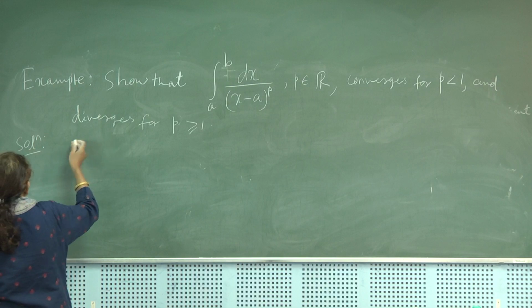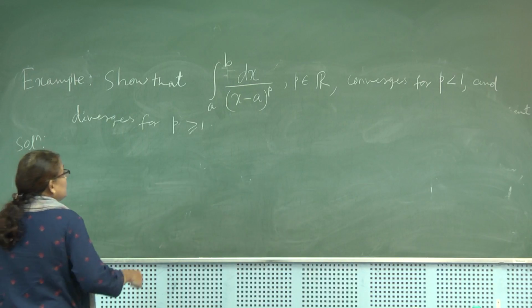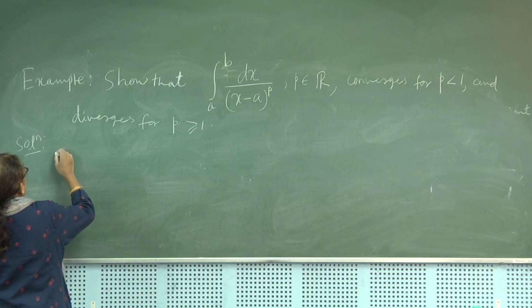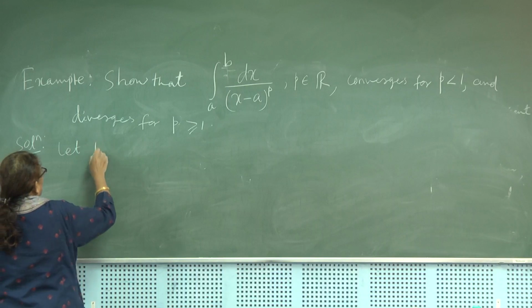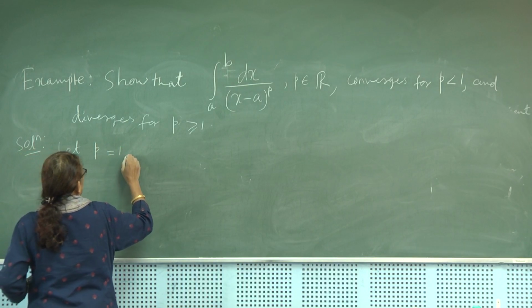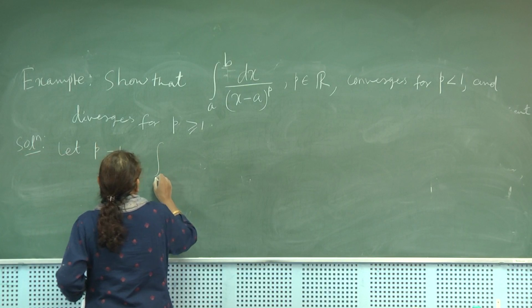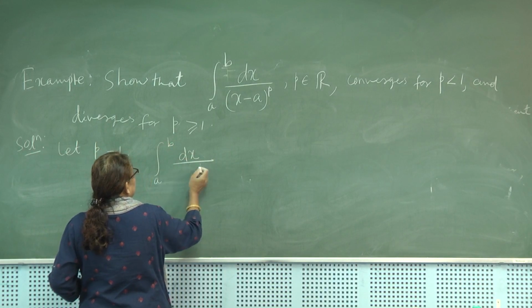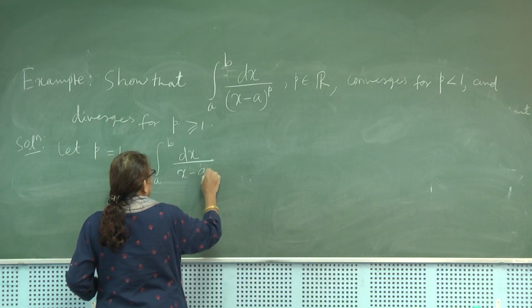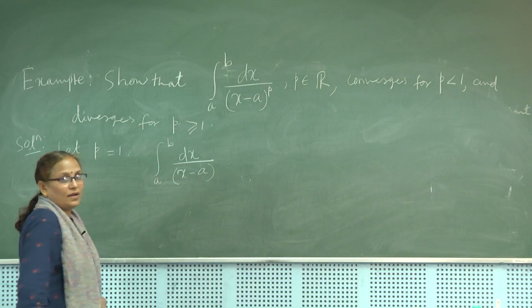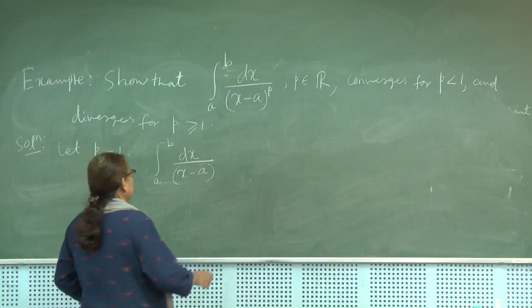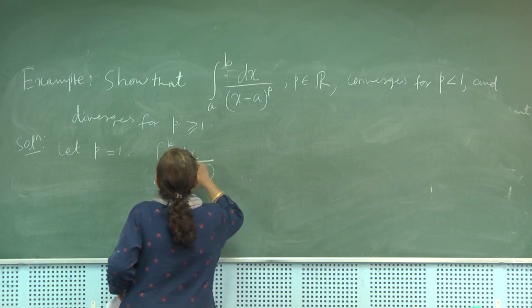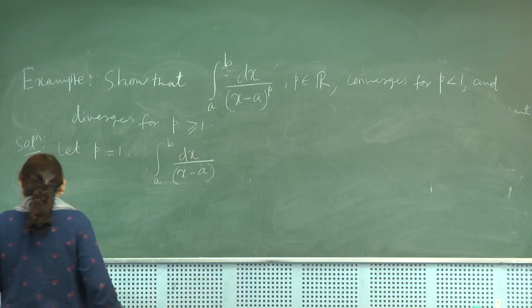Here also we consider separately, first we take p equal to 1. In this case the integral will be integral a to b dx over x minus a, and directly again you can verify the divergence of this improper integral.